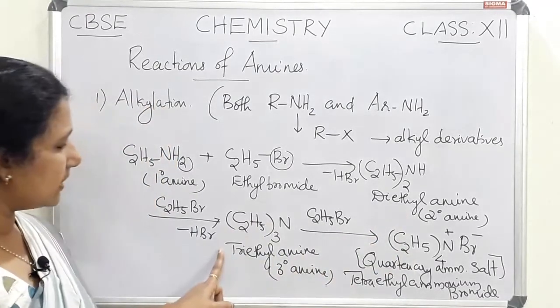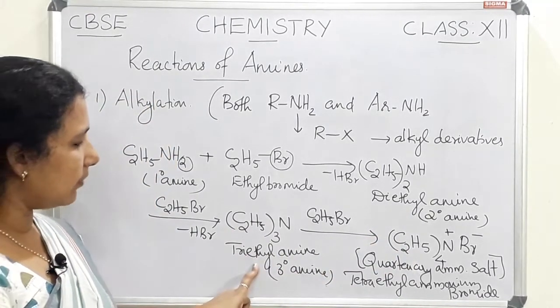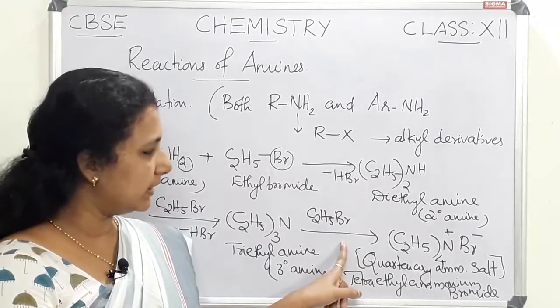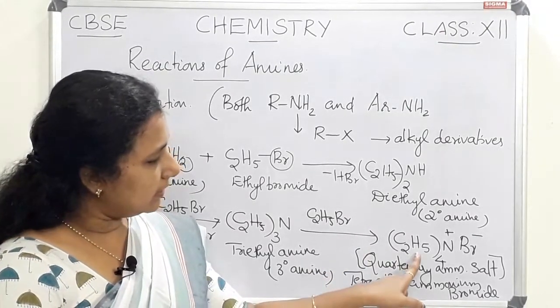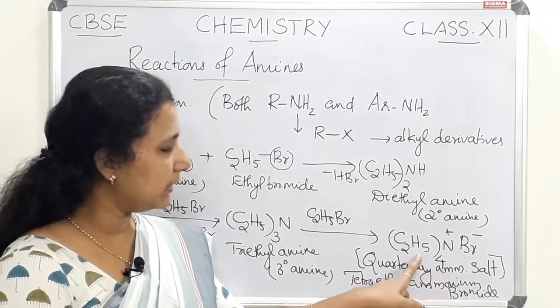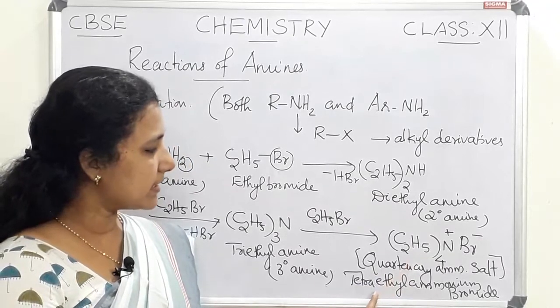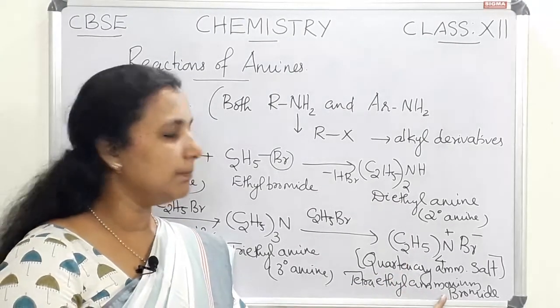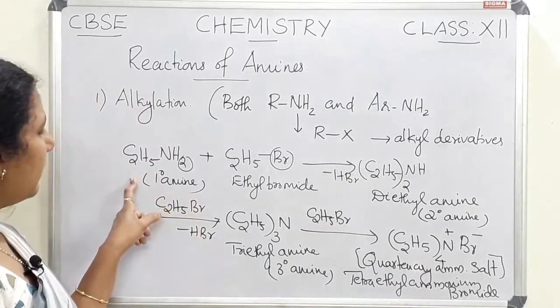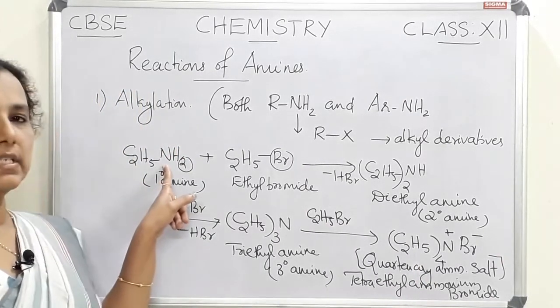Then further reaction takes place and triethyl amine is formed, that is a tertiary amine. And at last there is no elimination and the product is known as quaternary ammonium salt. This particular product is called tetraethyl ammonium bromide. So this is the final product. This is an example for aliphatic amine.